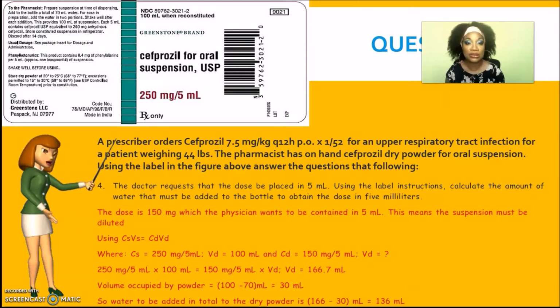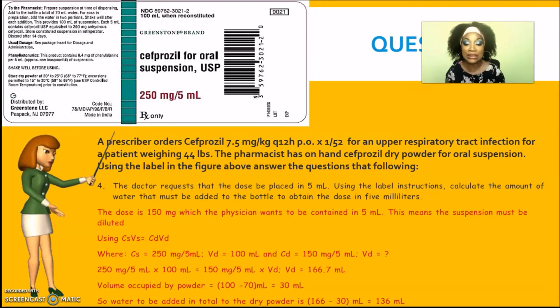The manufacturer stated that the concentration, when you follow their instructions, will be 250 milligrams per 5 mils, but the physician wants you to put the dose that the patient is going to take, which is 150 milligrams, in 5 mils. So we can definitely see that we are going to have to dilute that 250 milligrams per 5 mils in order to get 150 milligrams per 5 mils.